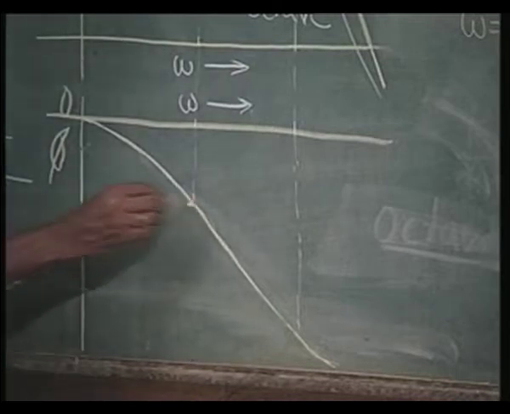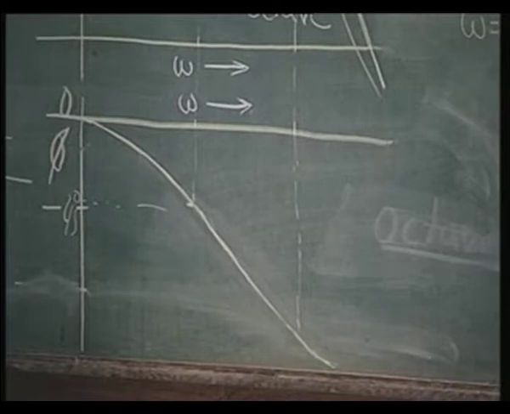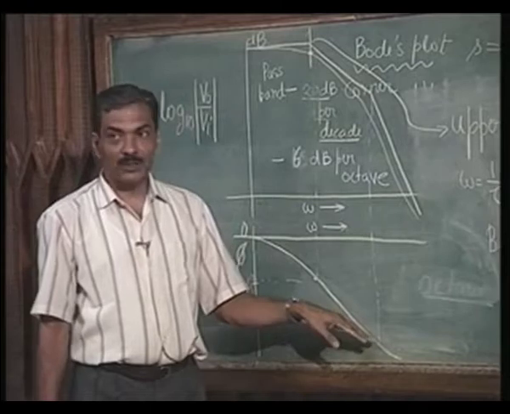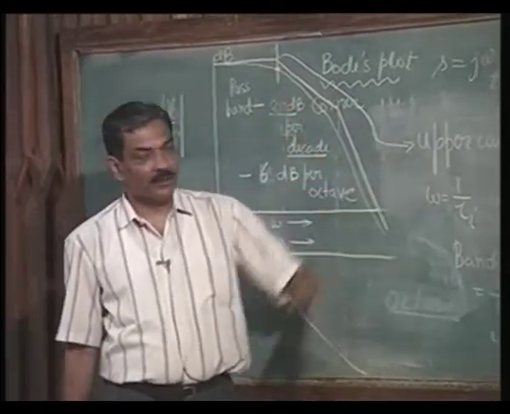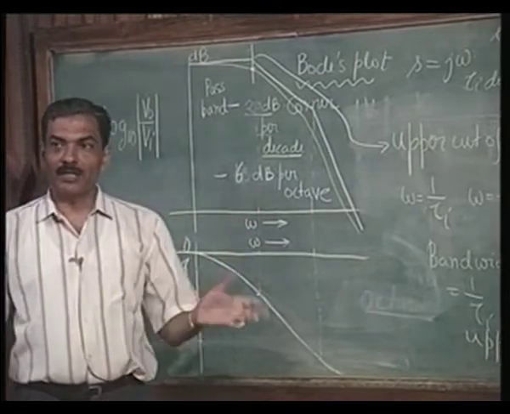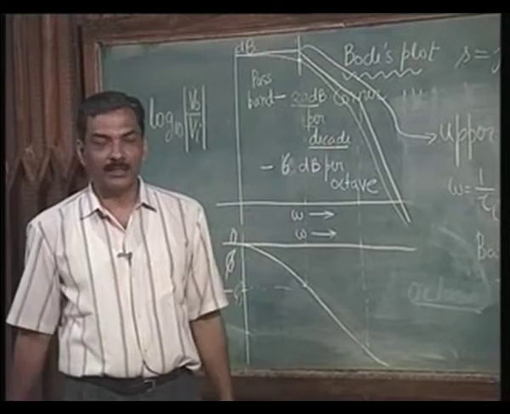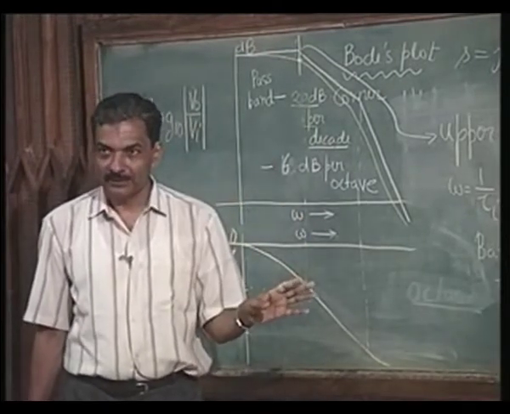So, around this point we have a phase lag of 45 degrees. Then as this progresses, the dominant time constant would have already contributed to a full phase, because omega tau I becomes dominant compared to 1. That means a phase shift of 90 degrees it would have given.